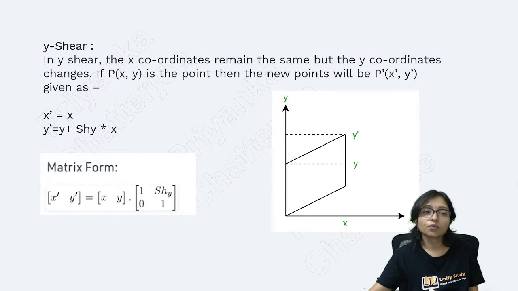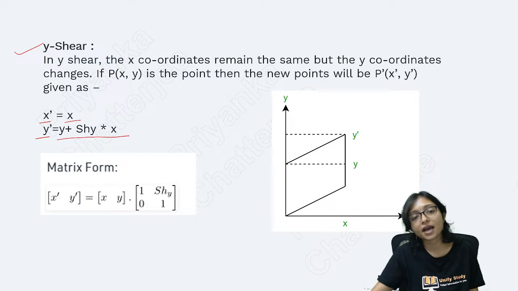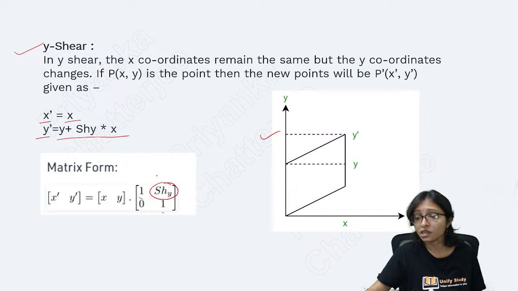And when I am doing y shear, x dash equals x and y dash equals y plus shy times x, right? This type of shearing was going on here, where the matrix was like this, with shy placed this way.